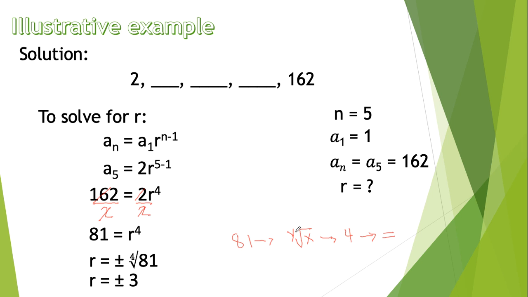Now that we have our common ratio, our geometric means are 6, 18, and 54 if we use the positive 3. If we use the negative 3, we will have negative 6, 18, and negative 54.